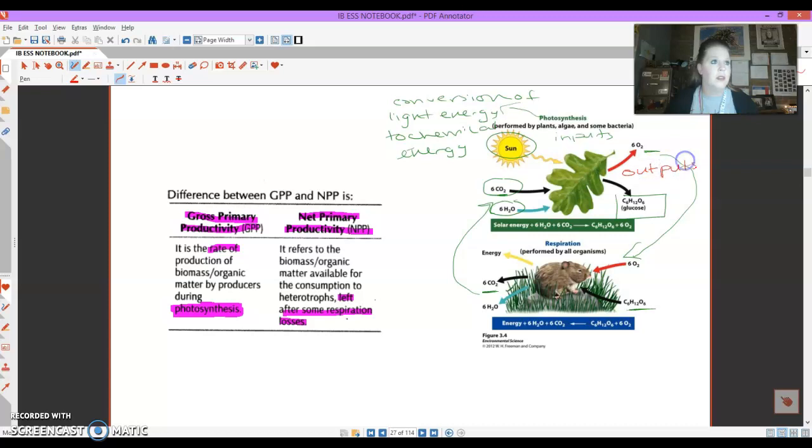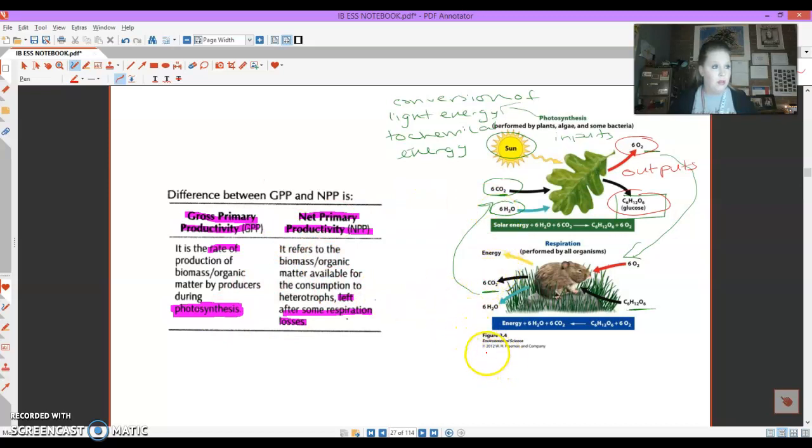What are the outputs? Oxygen and glucose, C6H12O6. All right. So let's look down here at respiration. So cellular respiration, this is what happens. Energy is released into organisms through consumption. All right, so let's go ahead and write this down.